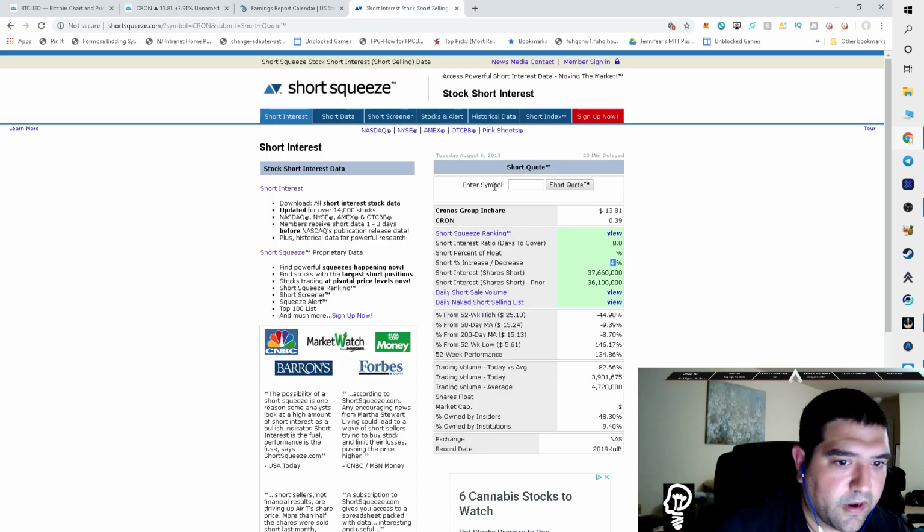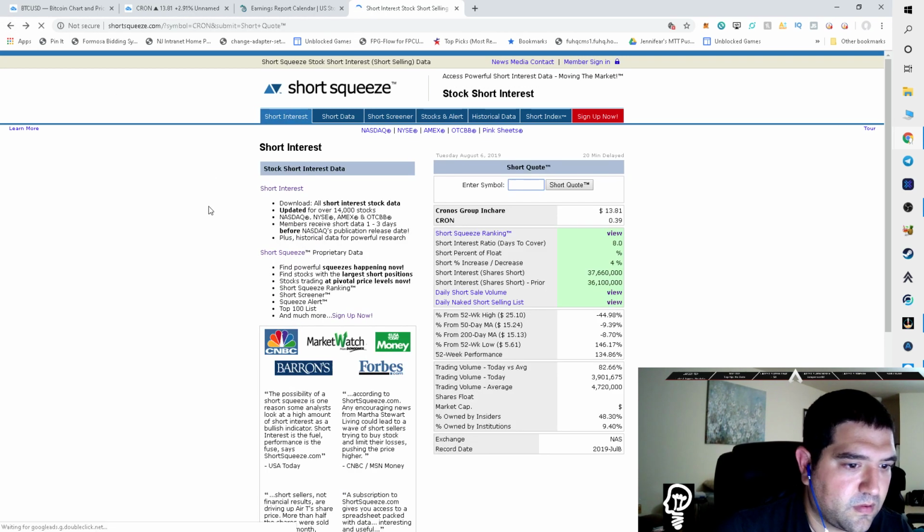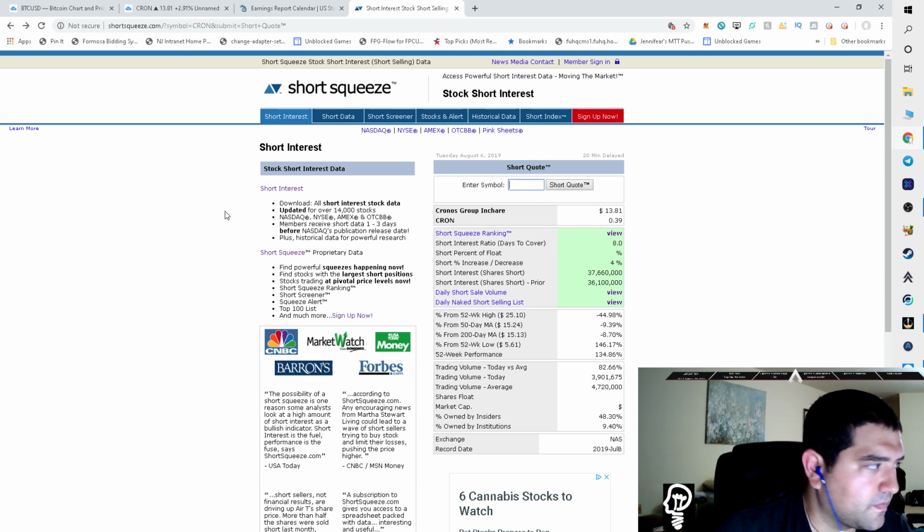So, okay. So there's more shorts than longs. I'm kind of misunderstanding here. Go on. So the real short is over 20.